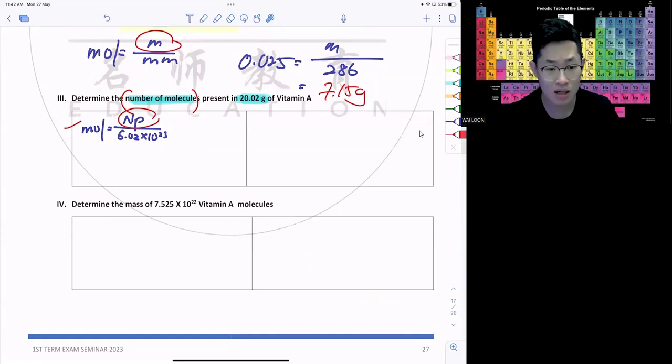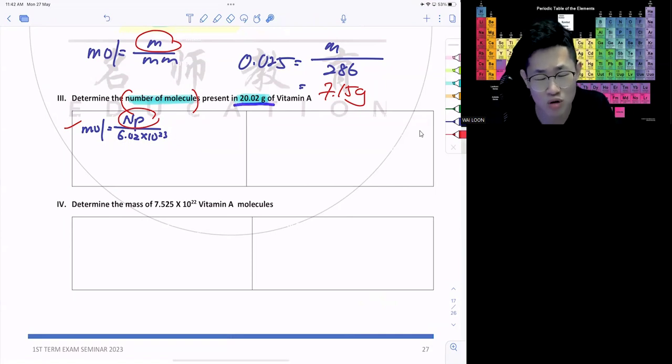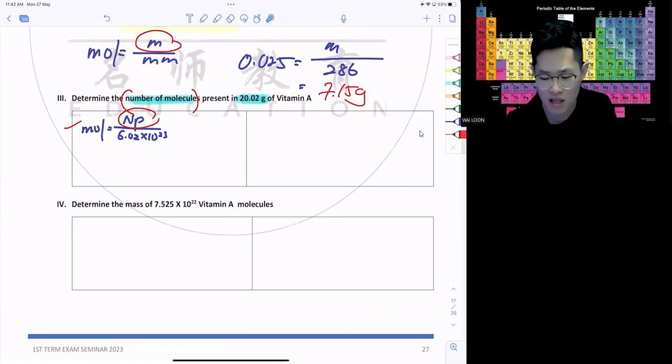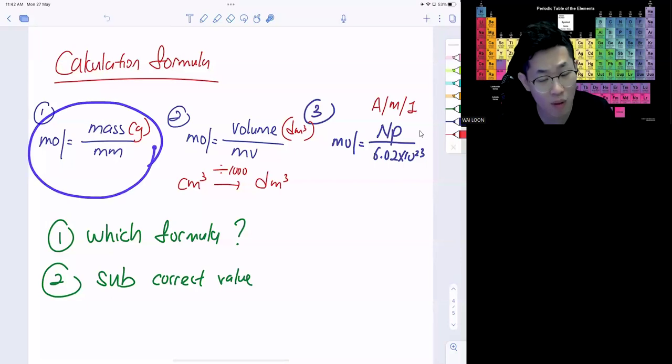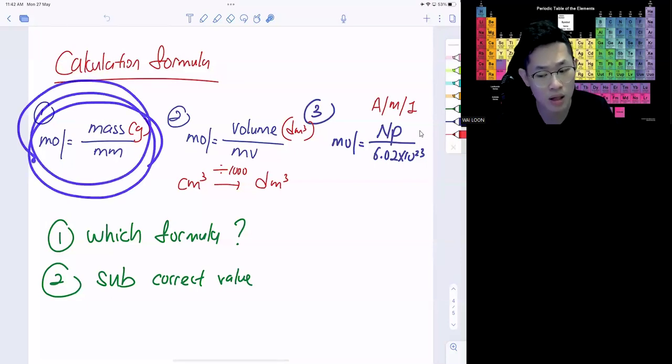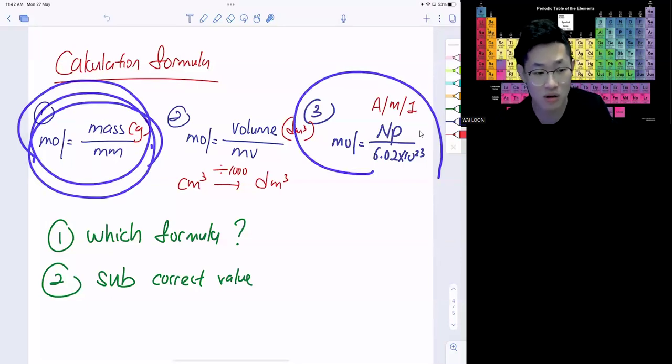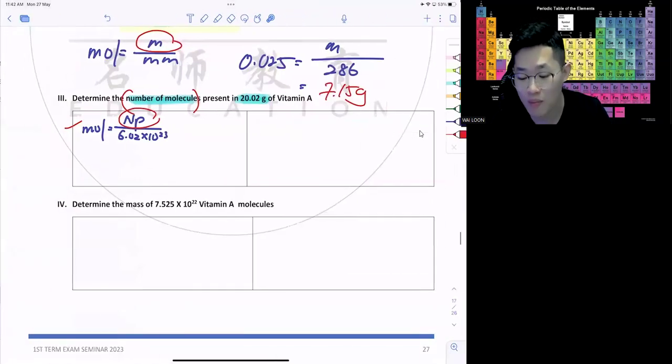Okay, then never mind. I continue to read my question. It says 20.02 gram. They gave me mass. Mass should use this formula. Just now was the third one, now is the first one, which means I have to use two formulas.